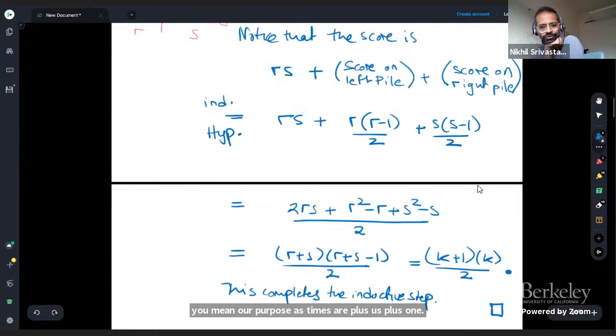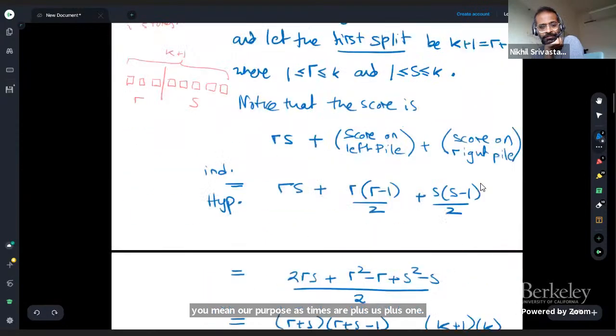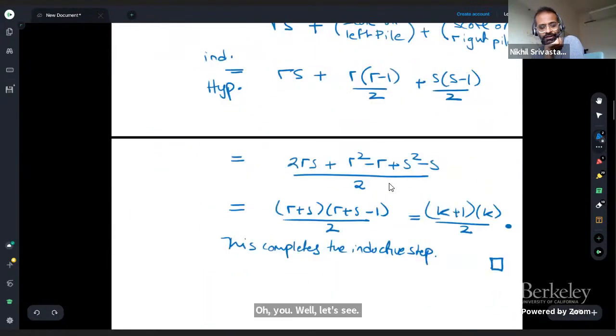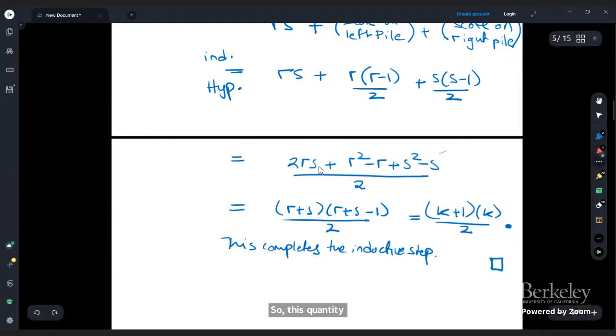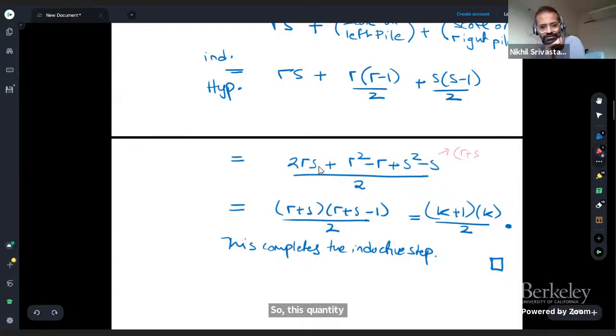Oh, well, let's see. Okay, let's just do the algebra here. So this quantity is r plus s squared minus r plus s.